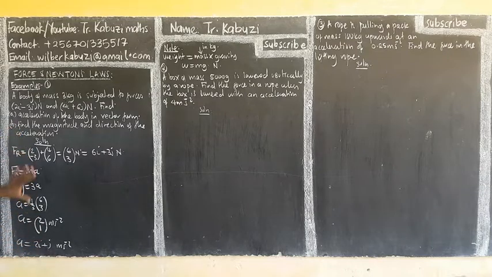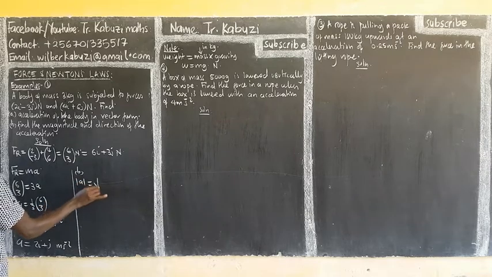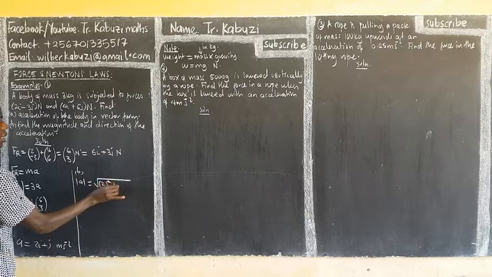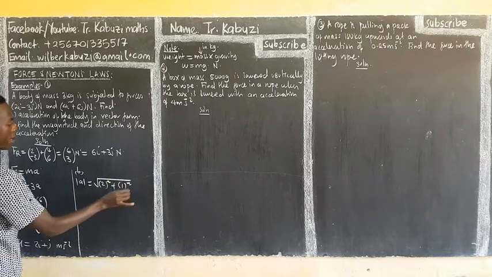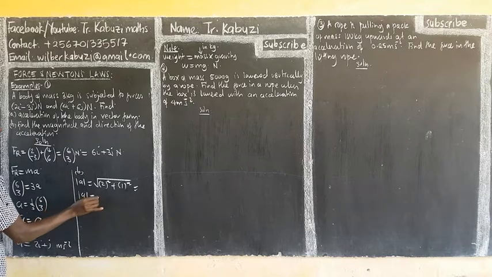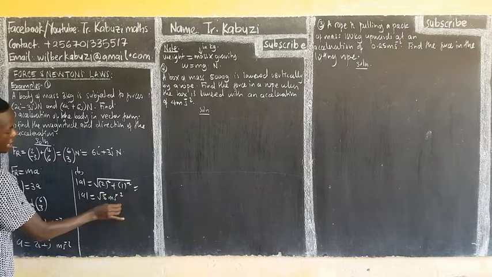Okay, now here we have got it in vector form. Now they want us to get the magnitude. So, from here, find the magnitude of a, part b. The magnitude of a will be the square root of 2 squared plus 1 squared, so our acceleration is going to be root 5 meters per second squared.